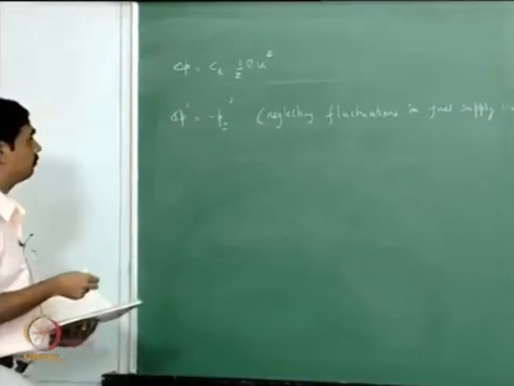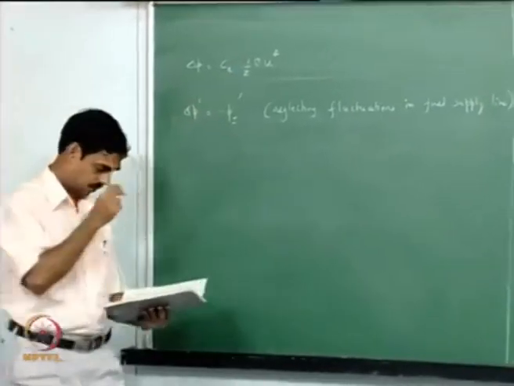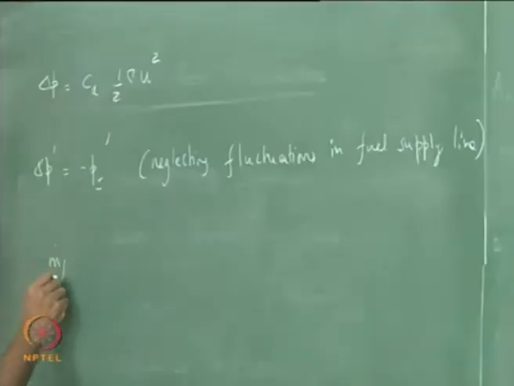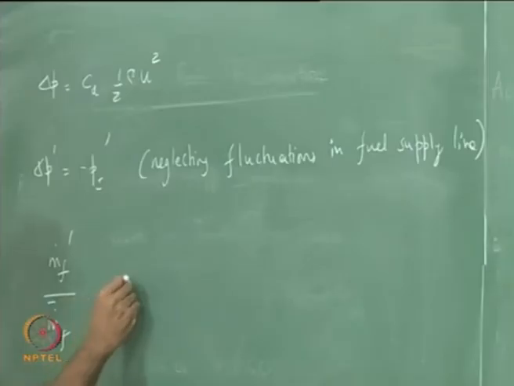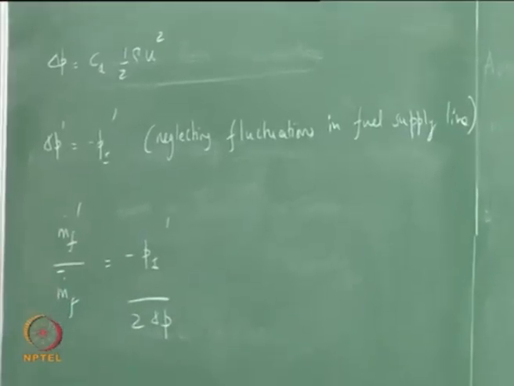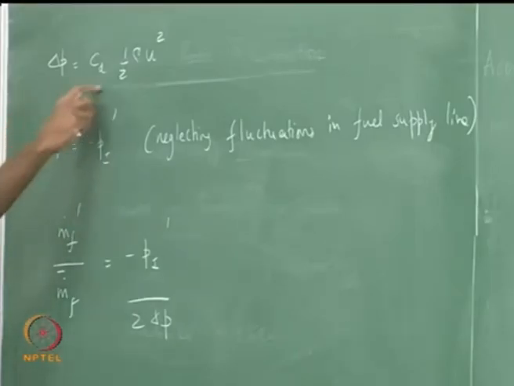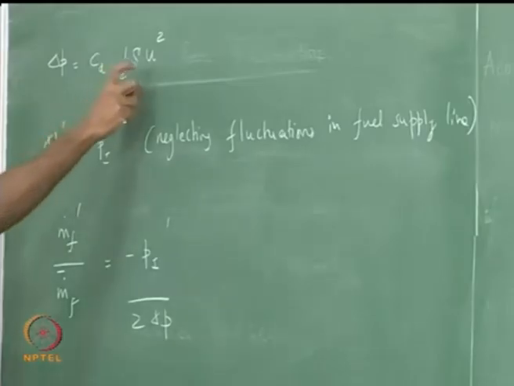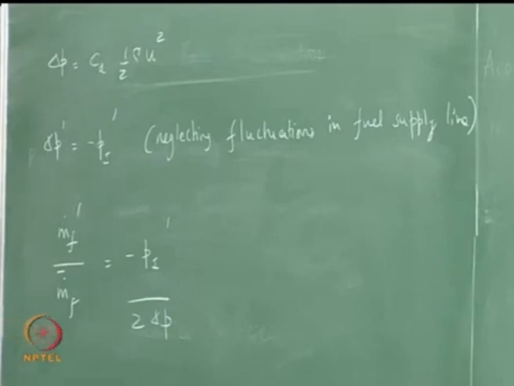Then m dot f will be proportional to root delta P, so you can say m dot f prime by m dot f bar equals minus p prime by 2 delta p. If you take log and differentiate, you get delta p by p goes like 2 delta u over u, so that is where you get this.